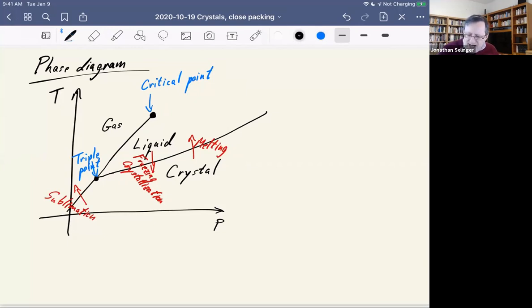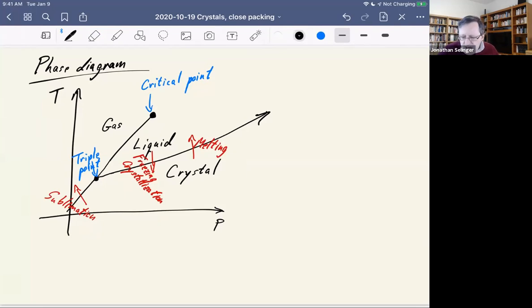Now, you might ask, is there a critical point for the liquid to crystal transition? Is there a critical point at the end of this line? The answer is no. So I will erase that, and this line rather goes on forever.